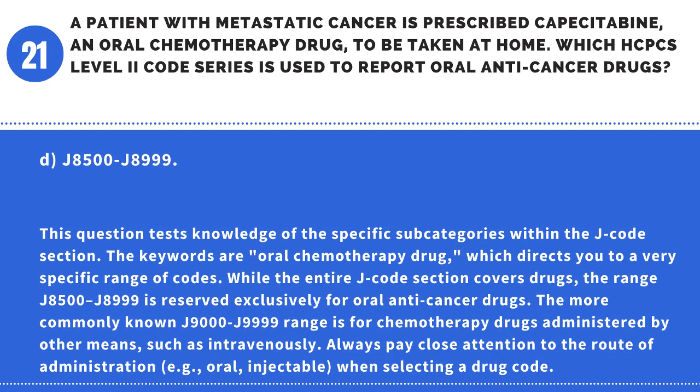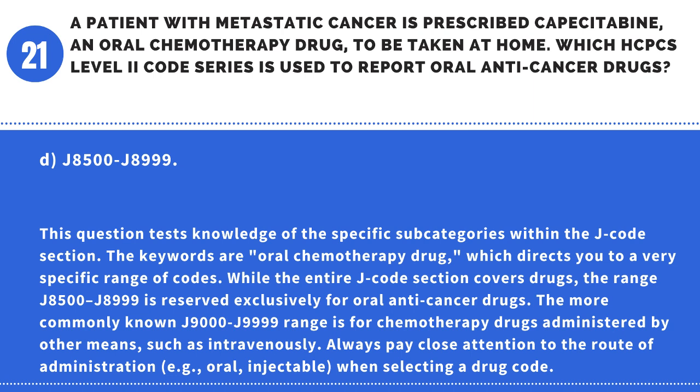Answer: D. J8500 J8999. This question tests knowledge of the specific subcategories within the J code section. The keywords are oral chemotherapy drug, which directs you to a very specific range of codes. While the entire J code section covers drugs, the range J8500 J8999 is reserved exclusively for oral anti-cancer drugs.